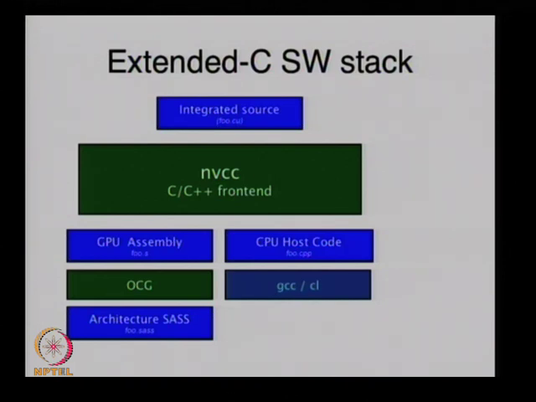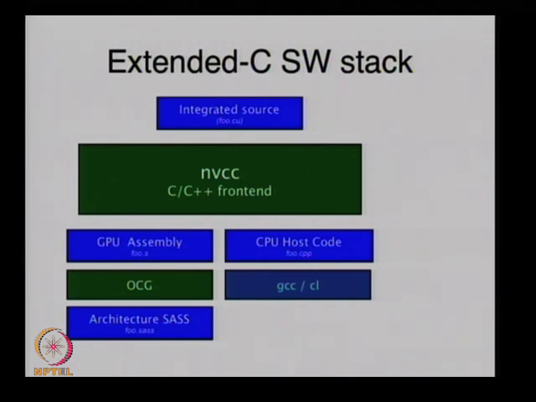It's going to take PTX code and optimize it at that point. It will figure out how many registers you have, how to schedule it among the different multiprocessors you have, and so on. And then generate the actual assembly language for a given architecture, for a given GPU that you may have. And in the meantime, the CPU side has been produced.